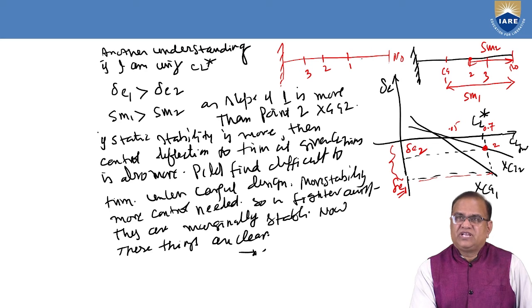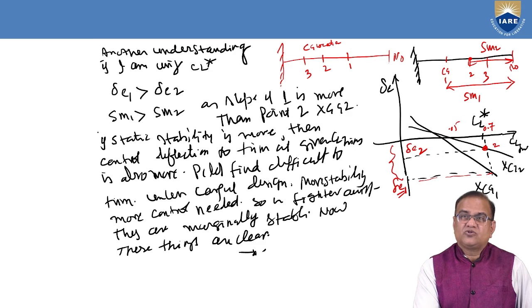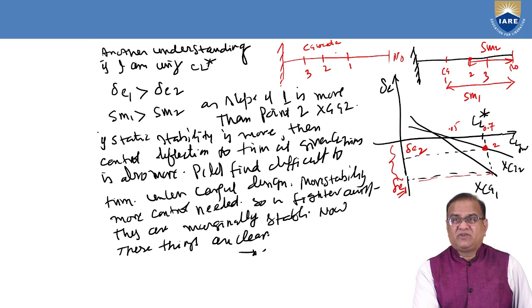These are three points and they are the CG locations. So how much can I shift forward? The backward limitation is given by the neutral point. The neutral point is the last point. Beyond that, if you shift your CG, the aircraft will become unstable.